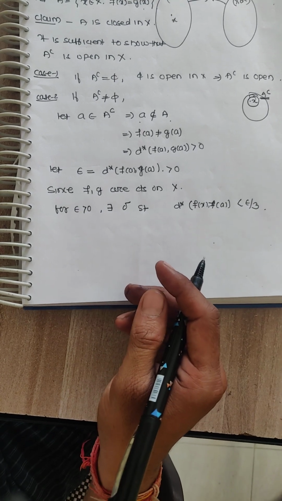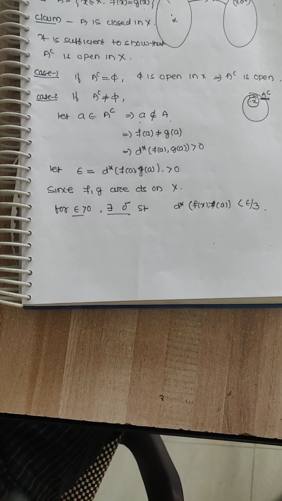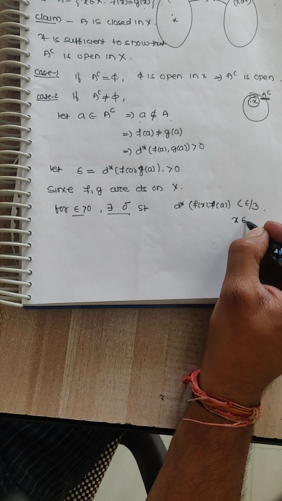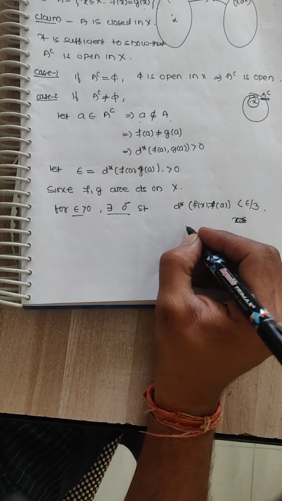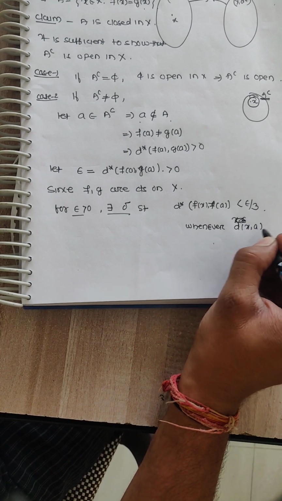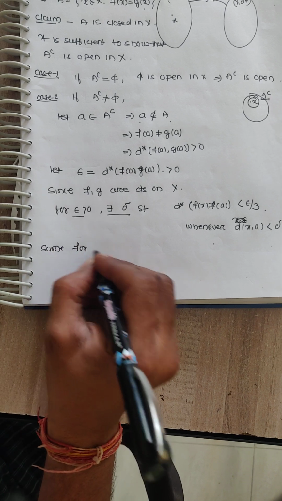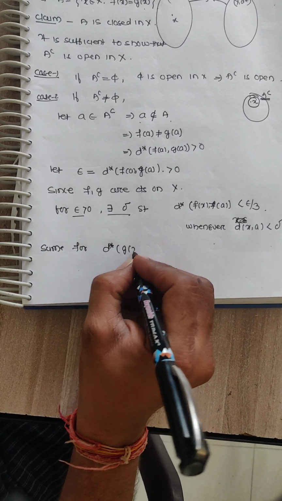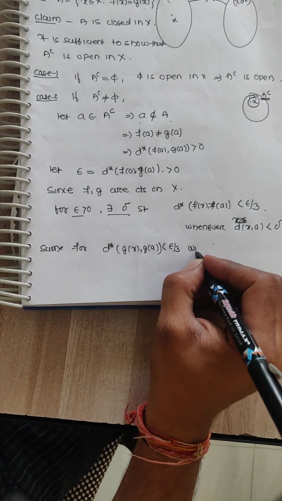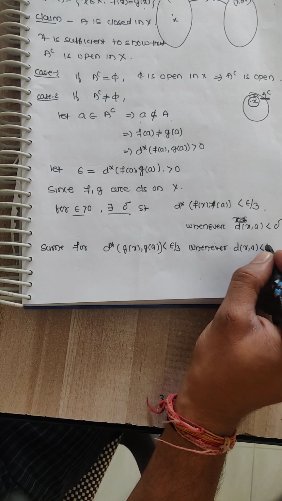Because of the continuity definition, for all epsilon there exists a delta such that the distance between f(x) and f(a) is less than epsilon by 3 whenever the distance between x and a is less than delta. Same for g: the distance between g(x) and g(a) is less than epsilon by 3 whenever the distance between x and a is less than delta.